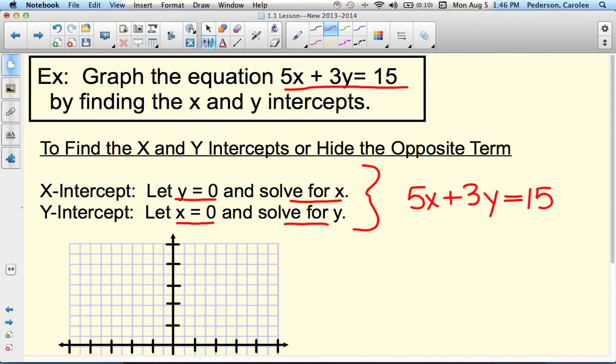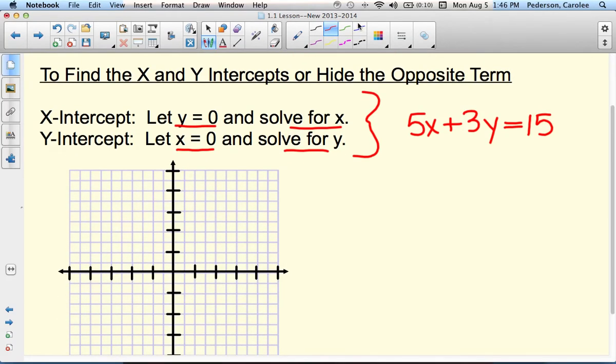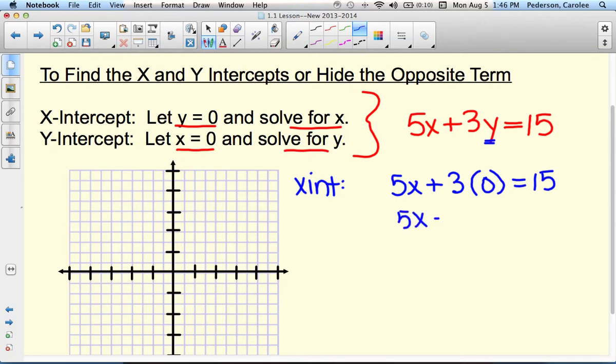Let's start with our x-intercept. We're going to let y equal 0. So we say 5x plus 3, replace the y with 0. Every time, that y term will cancel out and become 0, because 3 times 0 is 0. Now we solve this equation for x.